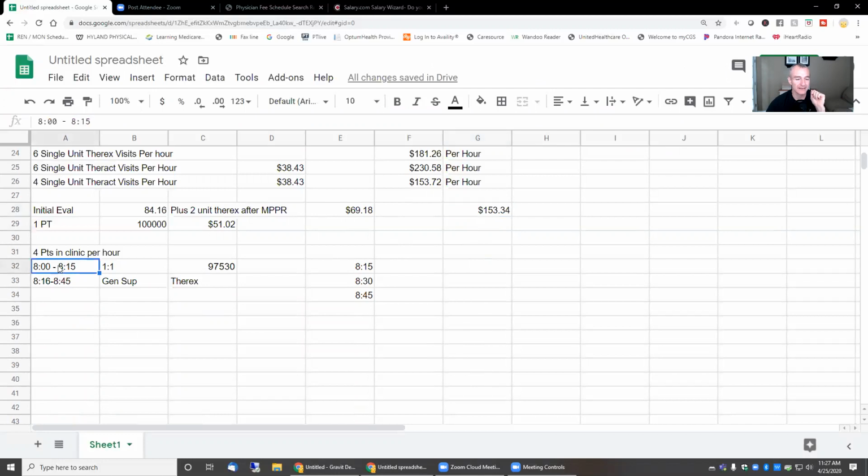We've got patient number 1 comes in, 15 minutes of therapeutic activity. Then he is looking at general exercise, going through his program. He's doing his stretching, he's doing his self-massage, he's doing his whatever.